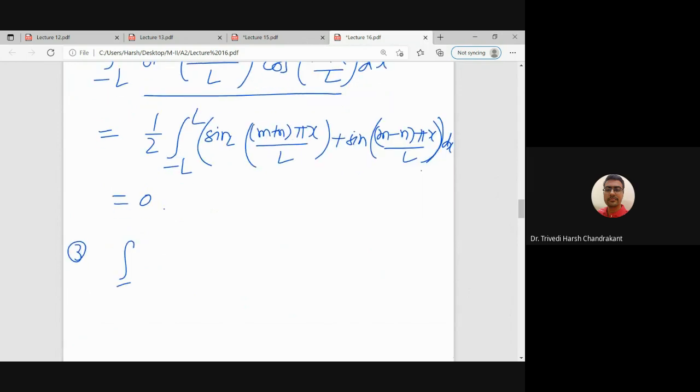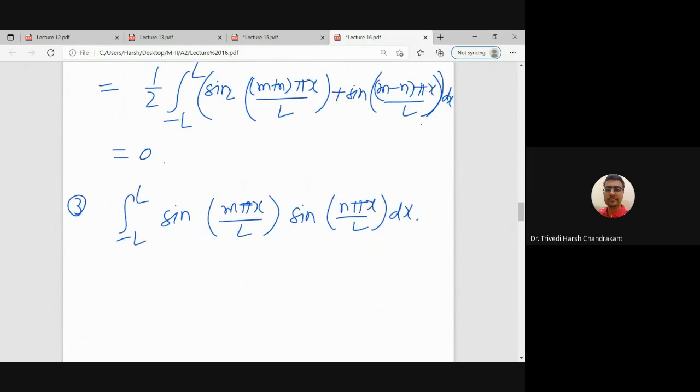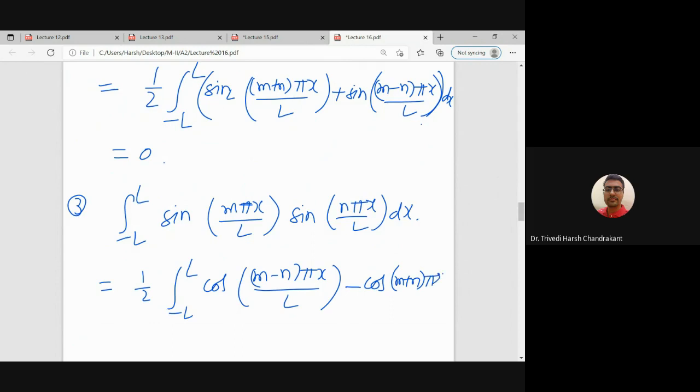In the same way, if we have the integral from minus L to L of sine m pi x divided by L times sine n pi x by L, that will be half of cosine of (m minus n) pi x by L minus cosine of the addition.